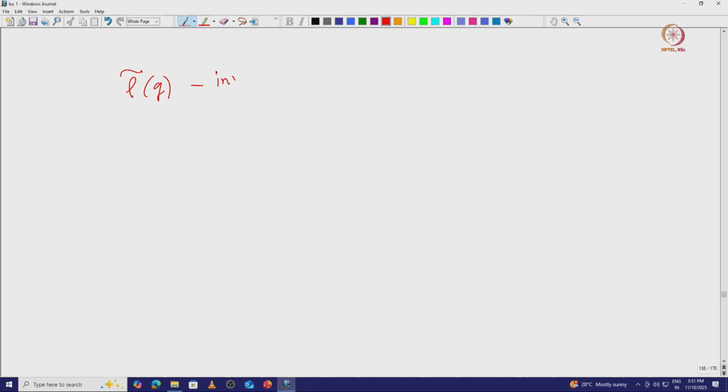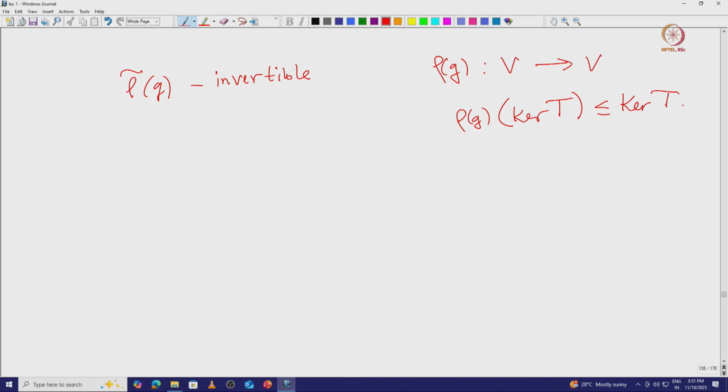So, we need to prove this is indeed invertible. Recall rho(g) is a map from V to V, and rho(g) leaves the kernel invariant. That is how you are getting this rho tilde(g), which is a map from V modulo the kernel of T to V modulo the kernel of T.